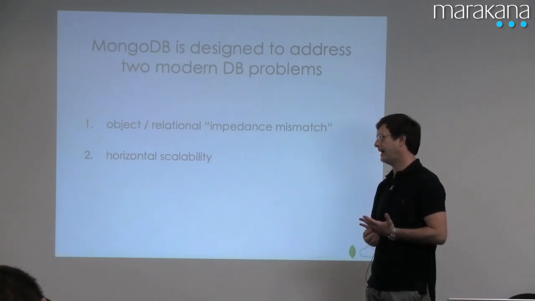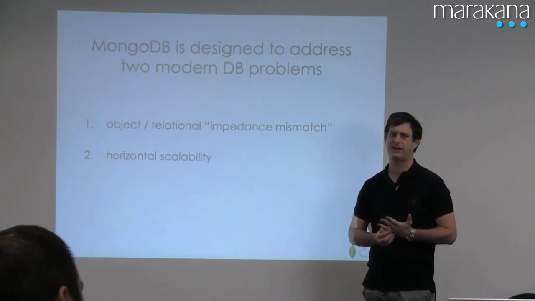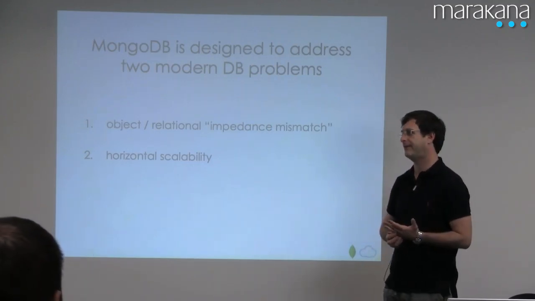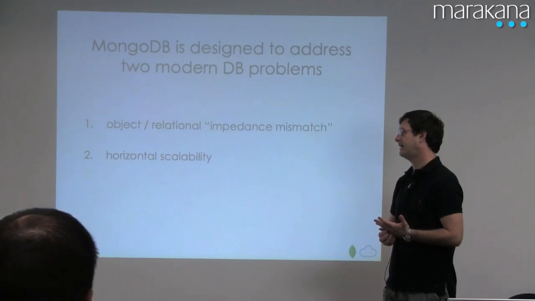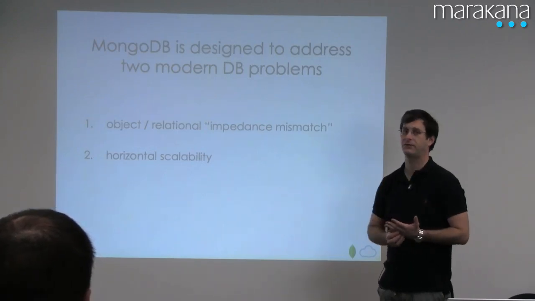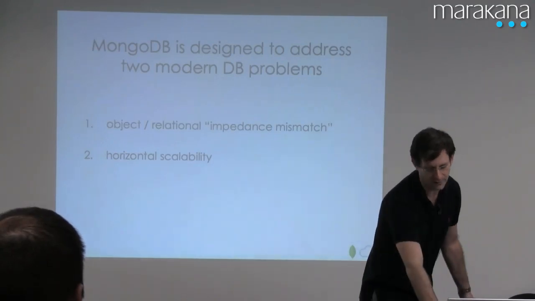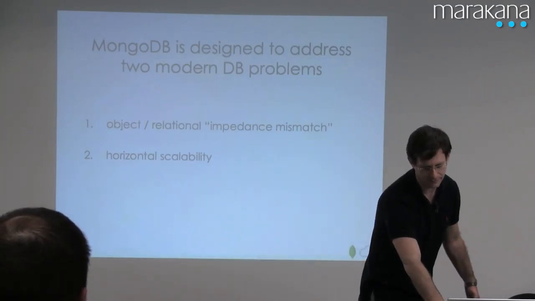But basically, scaling to the size so that you can implement something like Twitter or YouTube or any of these types of things is really difficult with traditional technologies. And so these guys set out from the get-go to try to solve that. And I'll talk about some of the ways they did that further in.